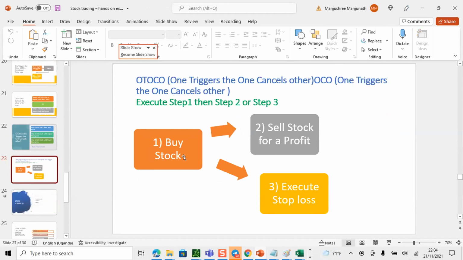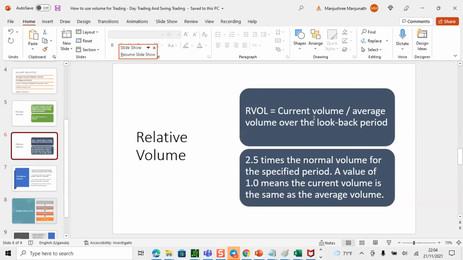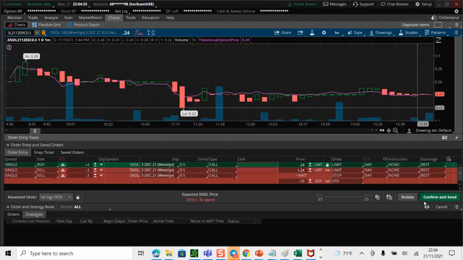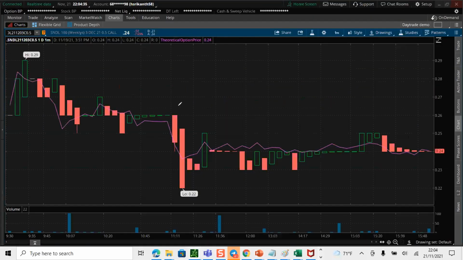You're buying the stock and selling the stock for a certain profit with a sell limit order, but at the same time, it executes the stop loss too, right? It bundles everything into one particular order where we can just buy at a certain price, sell for profit, or execute for stop loss. So most planned trades will go like this.